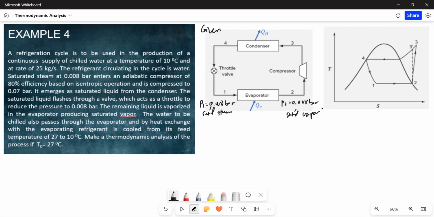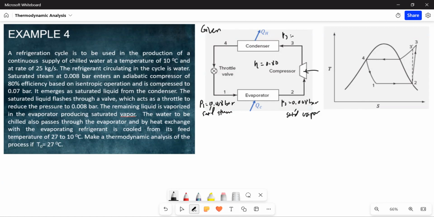Next is P3. By the way, there's work here. The efficiency of the compressor is 0.8 or 80%.